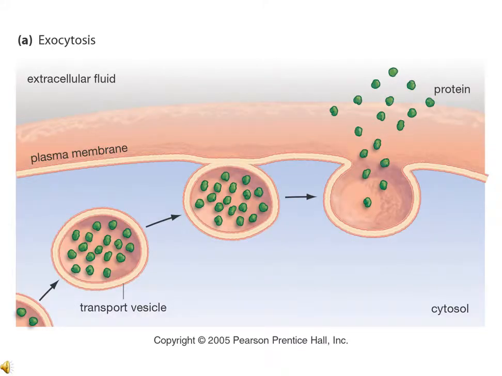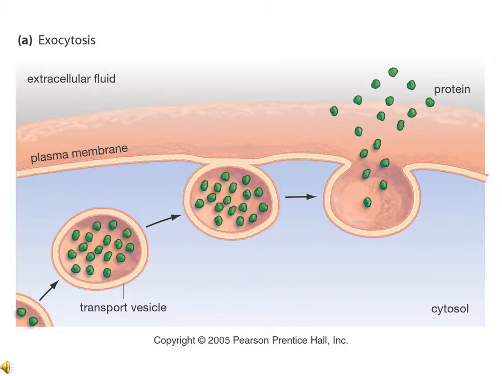Now, in exocytosis, a cell is producing a large amount of macromolecules, perhaps in the Golgi apparatus. These macromolecules are encased in a vesicle, and this vesicle will fuse with the membrane of the cell and release these macromolecules, in this case proteins, out into the extracellular environment.